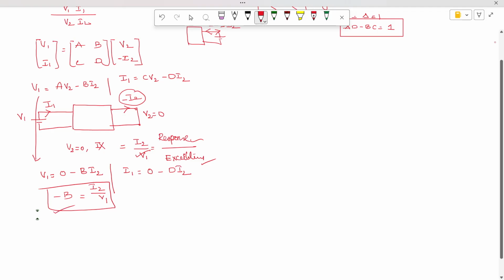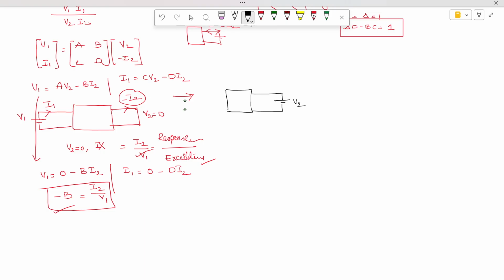Similarly, let's perform the same on the other side. Take a two port network. Now we apply the excitation at the output port to get an input current.